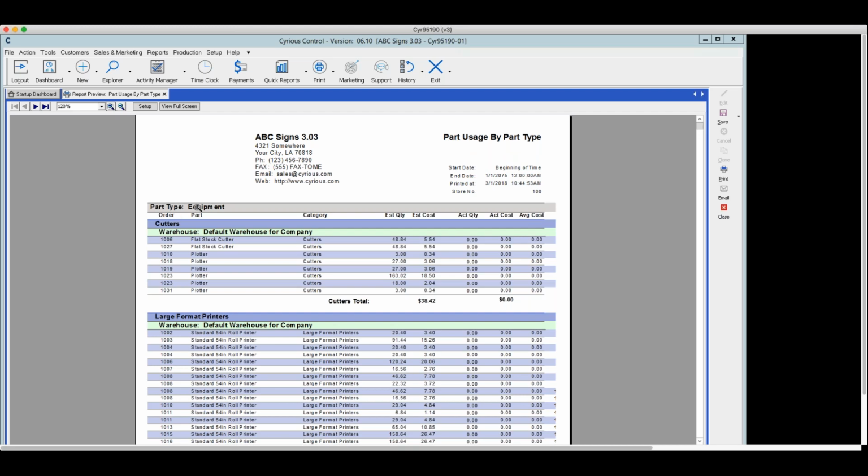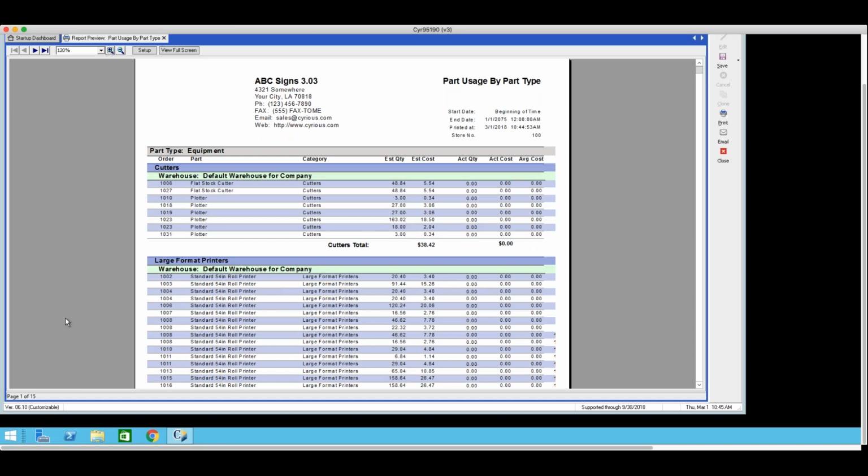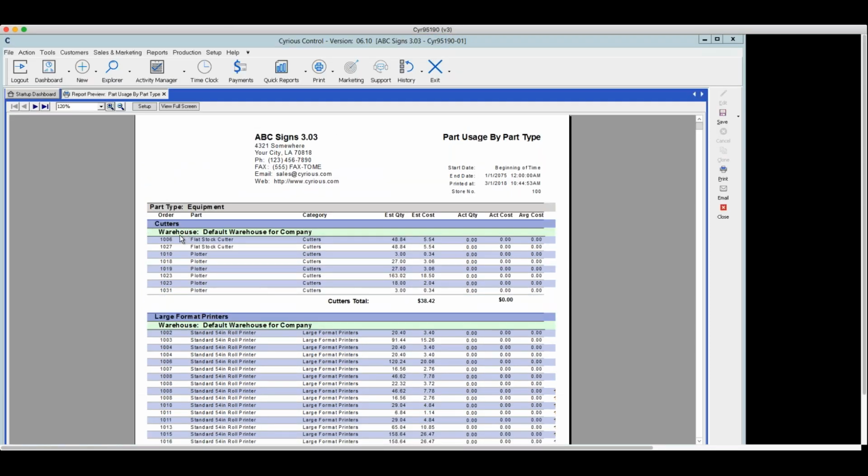So it's going to begin with equipment, and then on my system here, the next group of parts that were used were in the, well, this is equipment related to cutters and plotters or printers, and so on. Okay, it shows the order and the quantity that's used. In this case, it's hours, and it uses the cost.